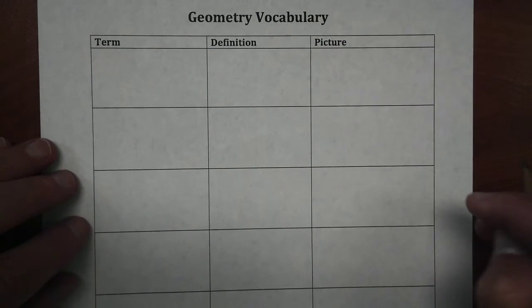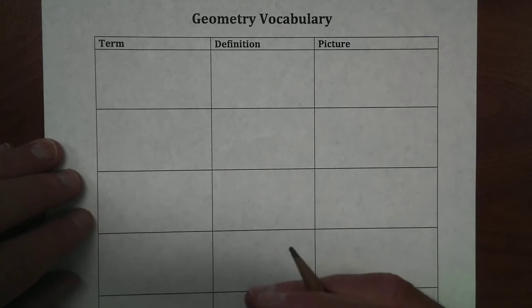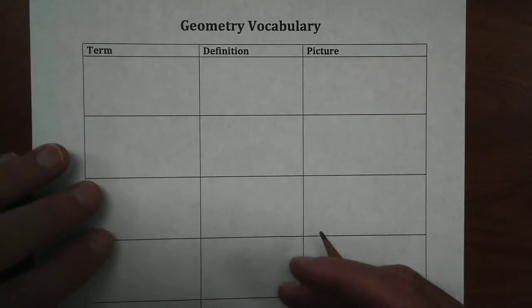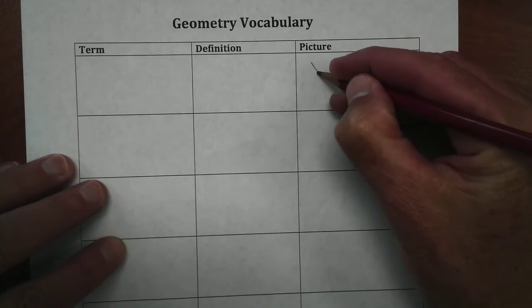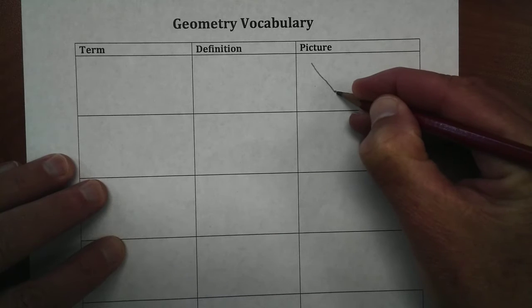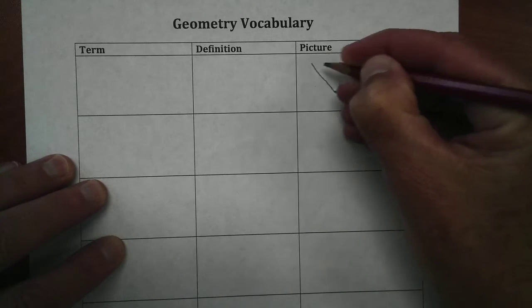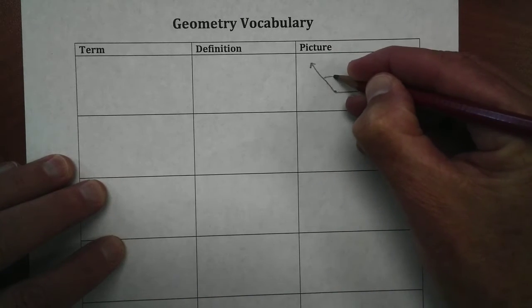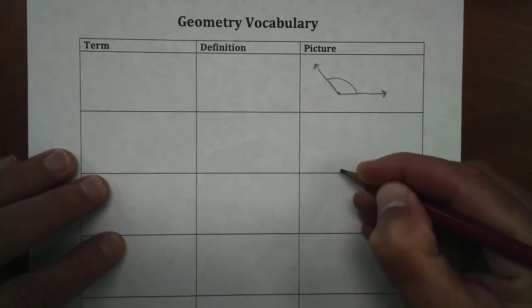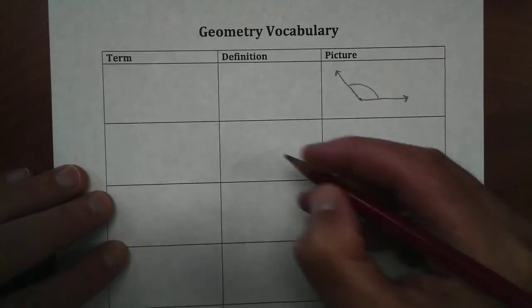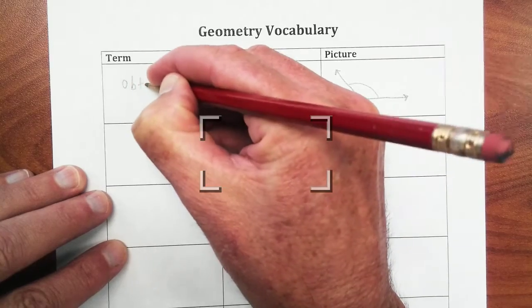So let's continue. If you have an angle that measures bigger than 90 degrees, for example, start with the picture this time. Look how wide that opening is. All right, that's called an obtuse angle.